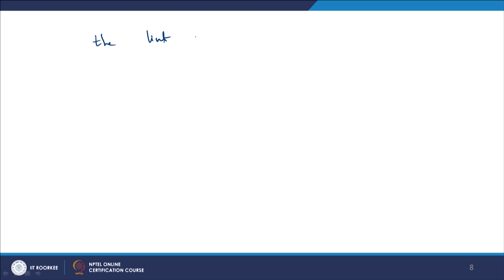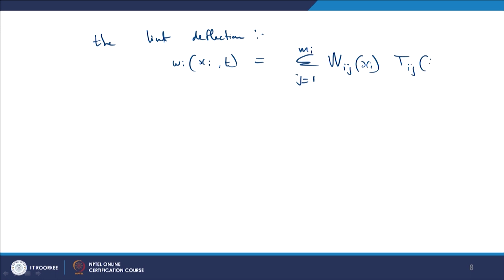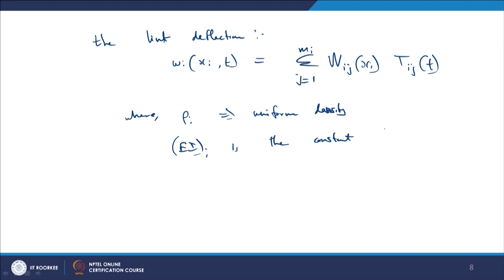We have the link deflection given by W_I(x_I,t) equal to the summation over j equal to 1 to m_I of W_Ij(x_I) multiplied by T_Ij(t), where ρ_I is the uniform density and E_I is the constant flexural rigidity of link I.